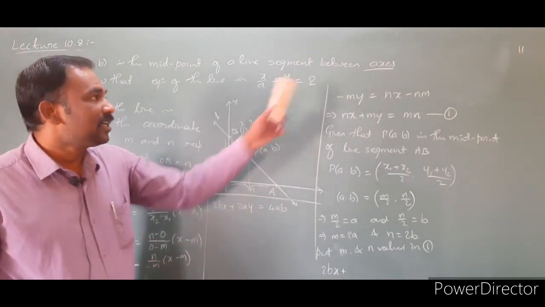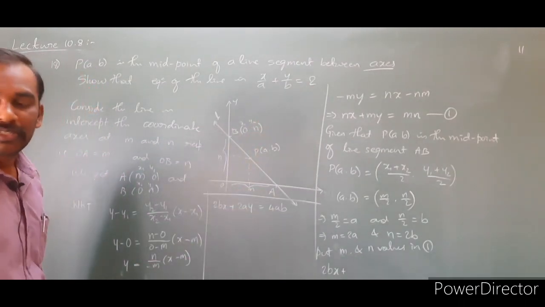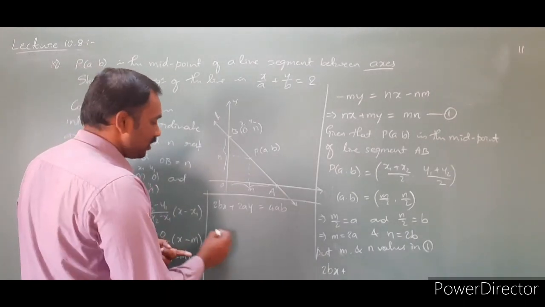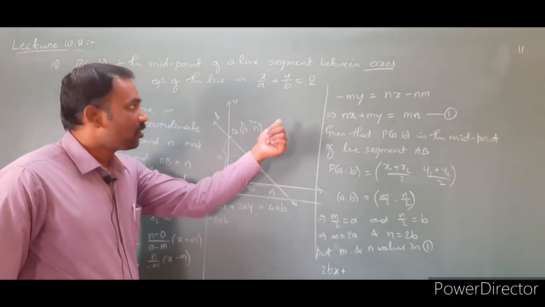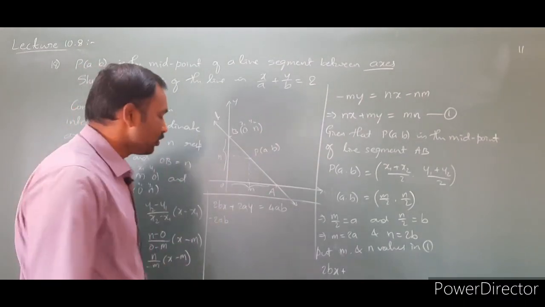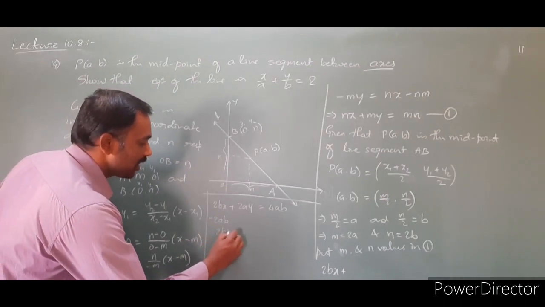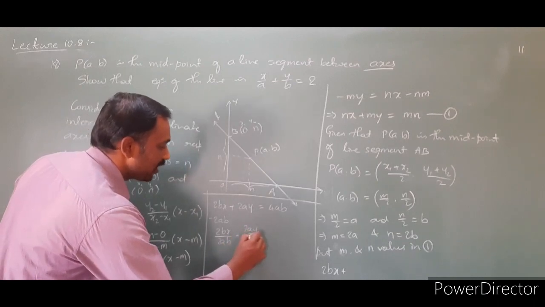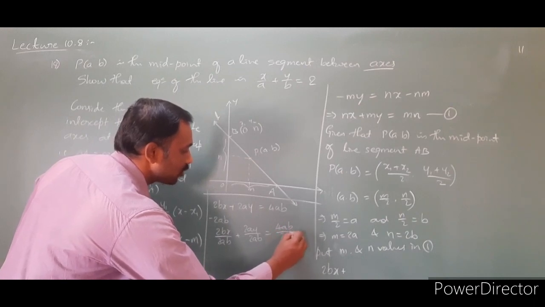So on the right hand side how much is required? 2 is required in the equation of the line. So I divide by 2ab, because on the right hand side I need only 2. 2bx divided by 2ab plus 2ay divided by 2ab is equal to 4ab divided by 2ab.